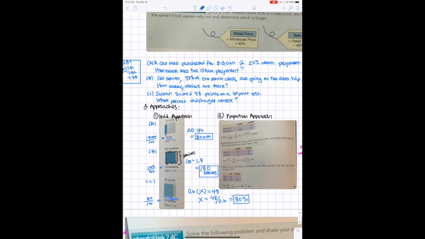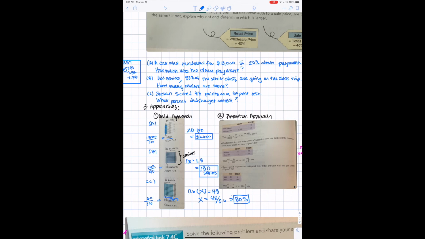Okay, so I think this grid approach is nice because it really helps us understand that when we ask questions about percentages, we have to pay attention to what relationship each of the values takes with regard to the percent.